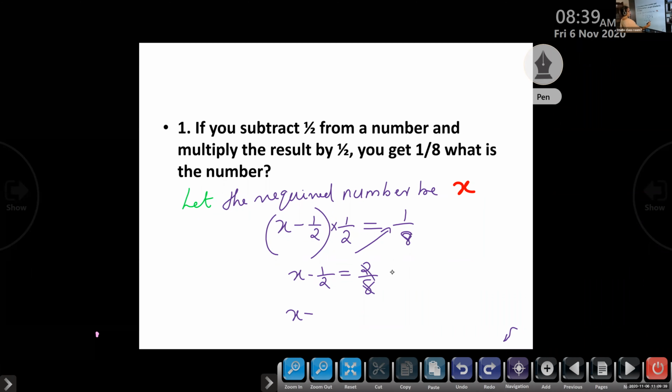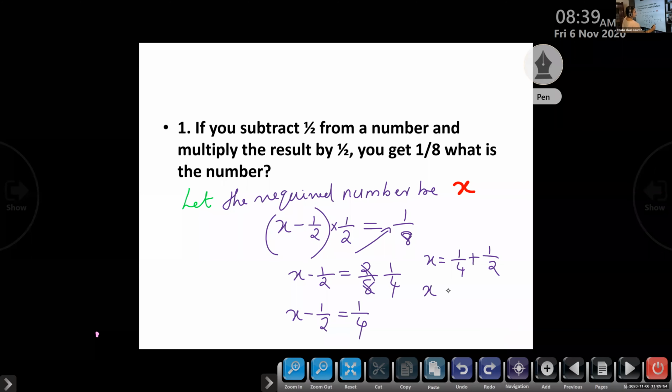So it is 1 by 4. x minus 1 by 2 equal to 1 by 4. x equal to 1 by 4 plus 1 by 2. Sorry for that.